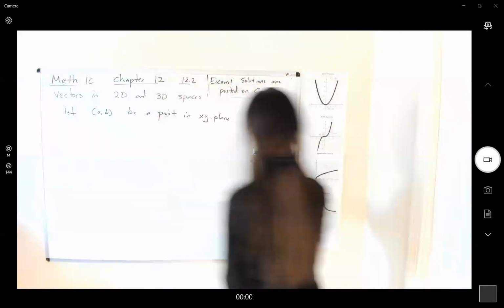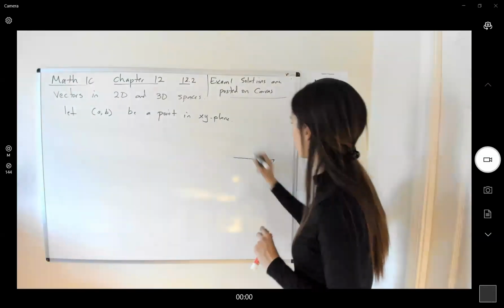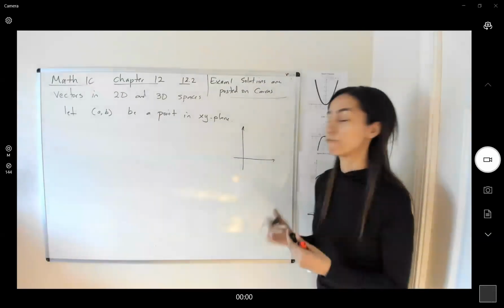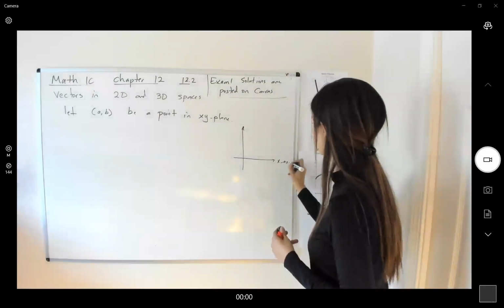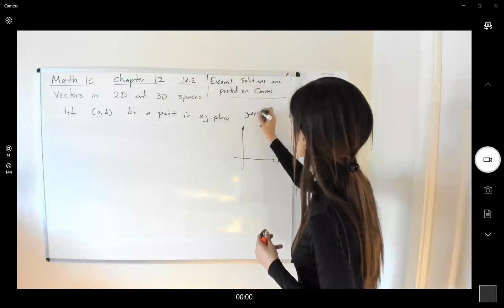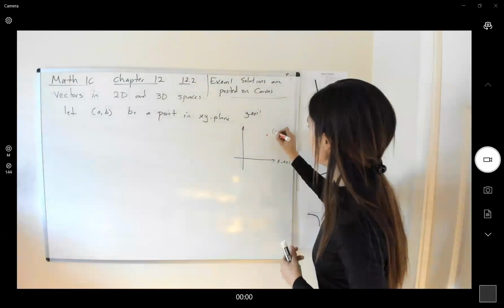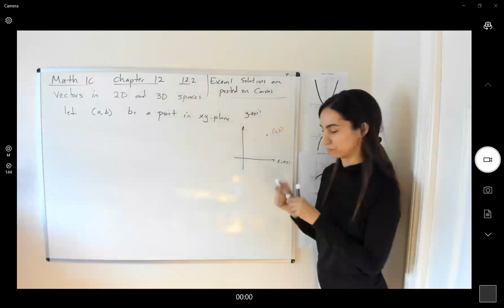So if you have a point in the xy plane, you all know that you can form a new object that we call a vector. X-axis and y-axis. This is your point (a, b).